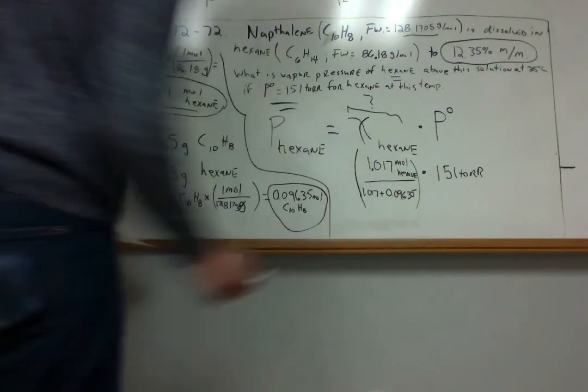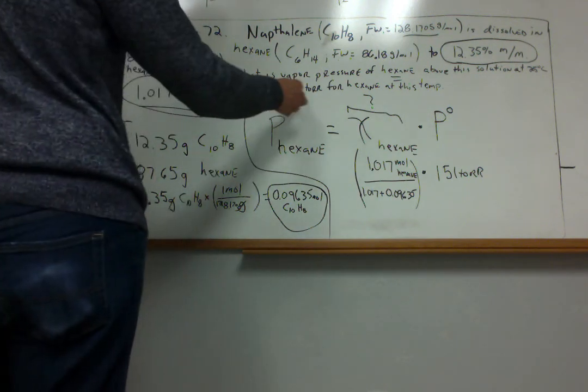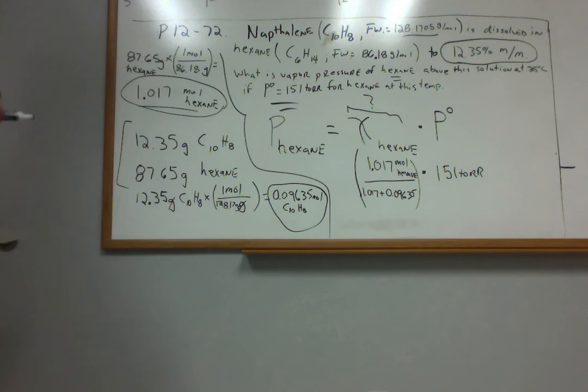I'm just taking some shortcuts here in the mathematics. With the mole units, we can cancel out and end up with a quantity that's unit-free. It's just mole fraction, okay? And that's, of course, the mole fraction of hexane. And I'm going to multiply that by my 151 torr, which was my P0 term. That was the vapor pressure of the hexane by itself with nothing dissolved.